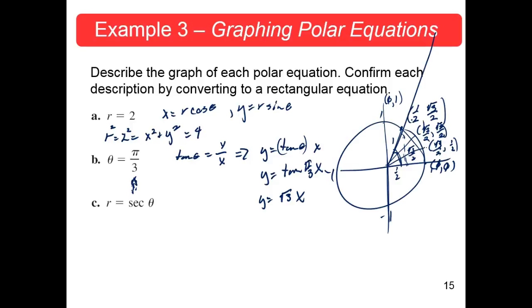Now remember what the secant is. Someone tell me what secant is in terms of the ratios. What is secant? Or maybe with an identity. What other trig function relates to secant?